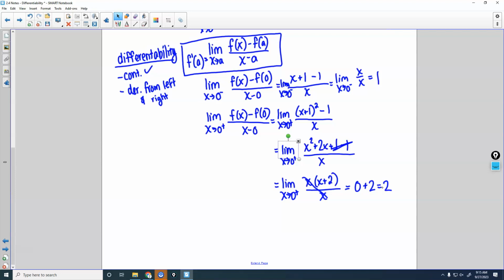Is this function differentiable? It is not.